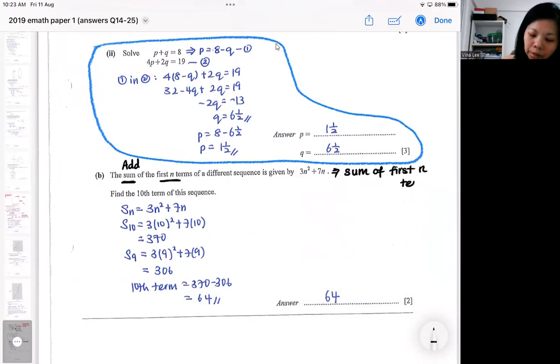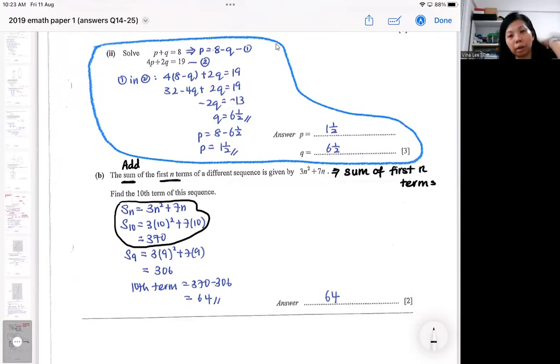Like I said, it's different from the n term. We are interested to find the 10th term. A lot of people will do this part and then give the answer as 370. They wouldn't think more, but it will be wrong. The 370 happens after you add up the 10 terms.